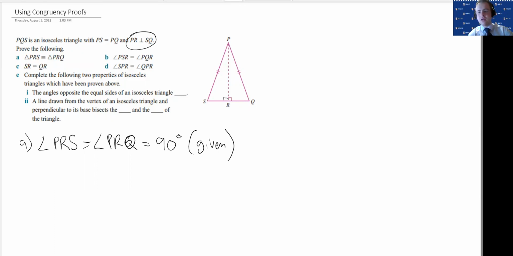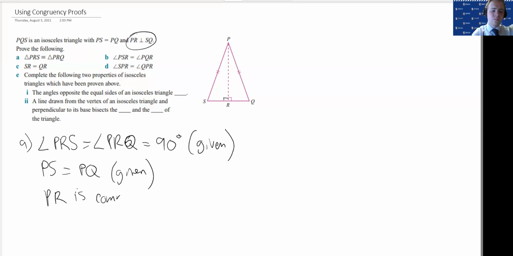That's a shorthand way that you can do that. Now I need to show that the hypotenuse is equal, so PS equals PQ, and we're given that as well. Very easy when you're given the information. You don't have to come up with a more difficult reason. And then finally, PR is common. We don't have to say PR is equal to PR. We can just say that PR is common, and that's enough to say that we have equal sides there.